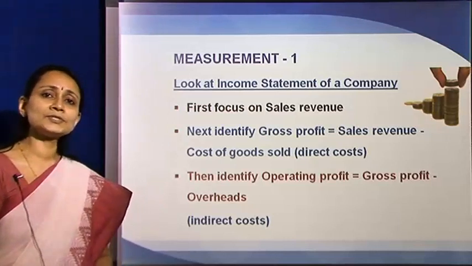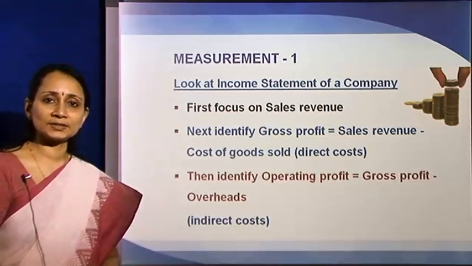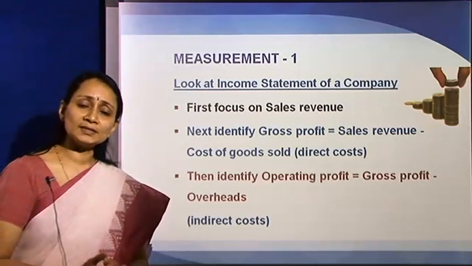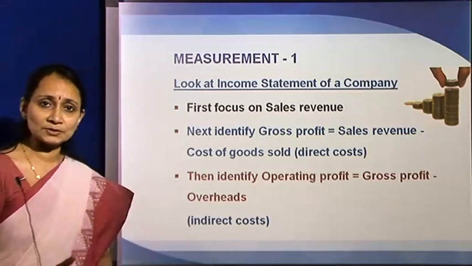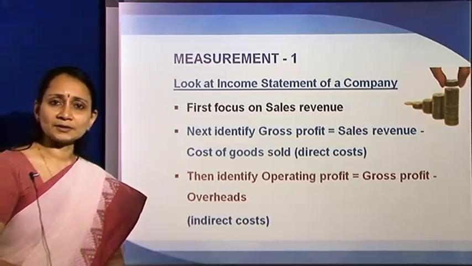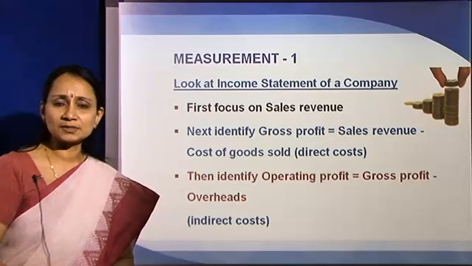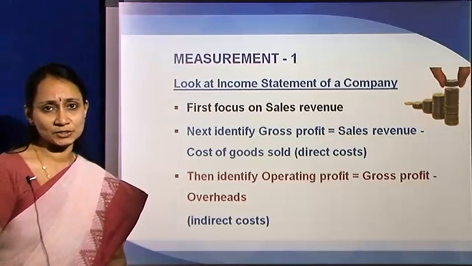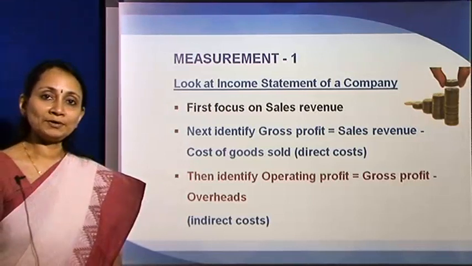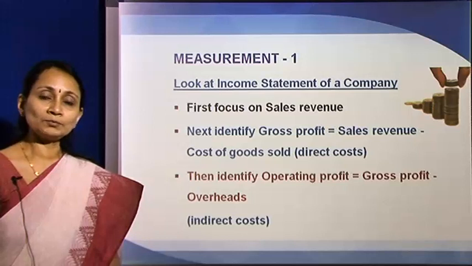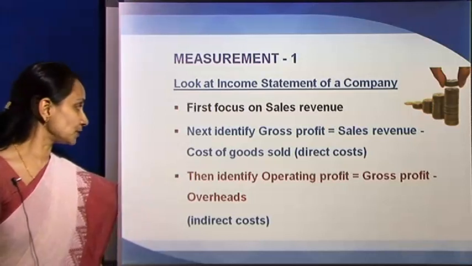Now, cost of goods sold is basically the direct costs, that is, costs which can be clearly and directly attributable to the product. Now, examples of such direct costs are basically the raw materials, the direct labor, power and fuel charges, and so on. So, when we remove these direct costs from the revenue, what we get is gross profit.